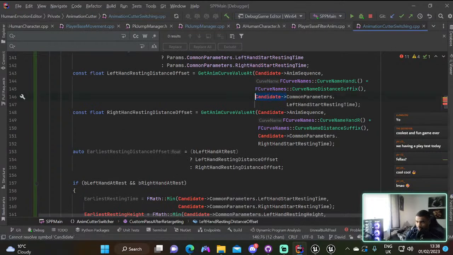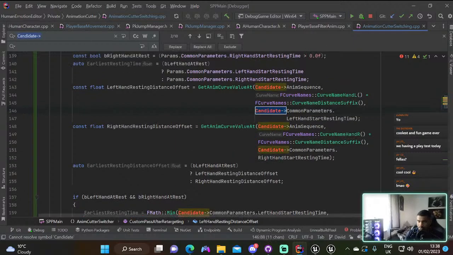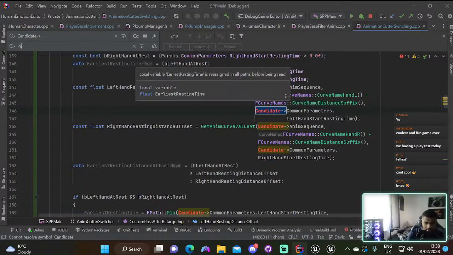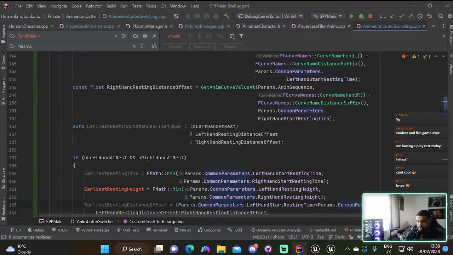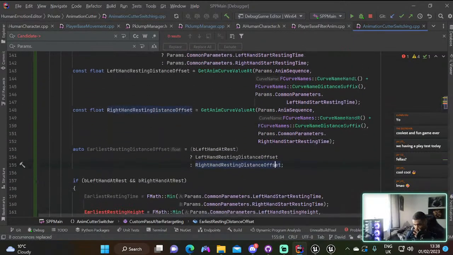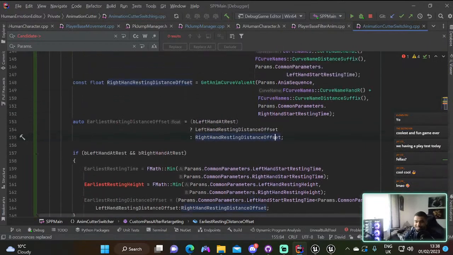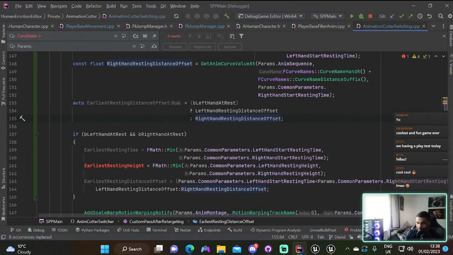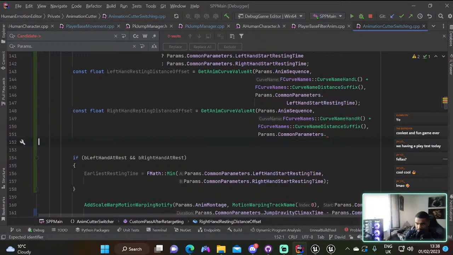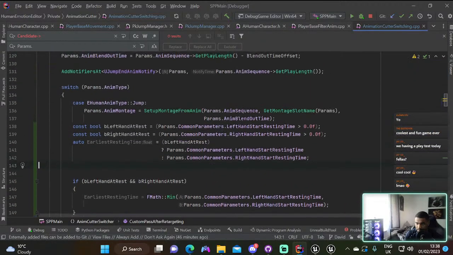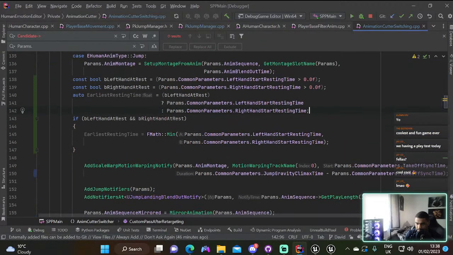If you select the one and do Control R. Okay, and then the second one, params dot, and just do replace all.